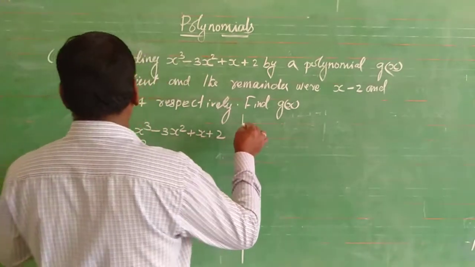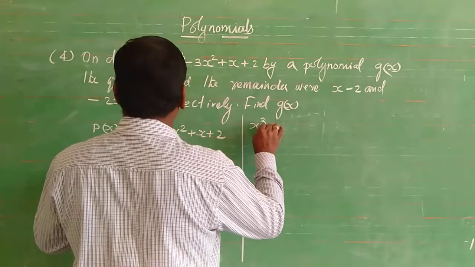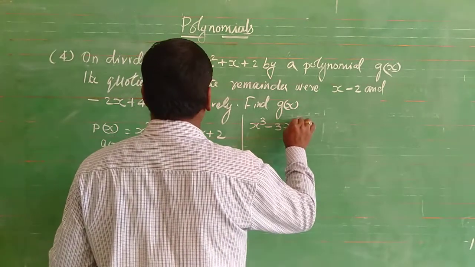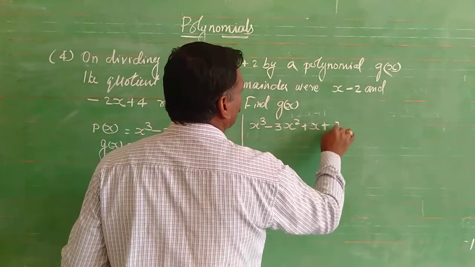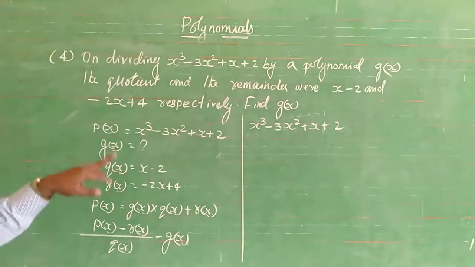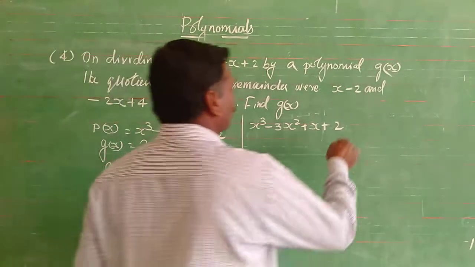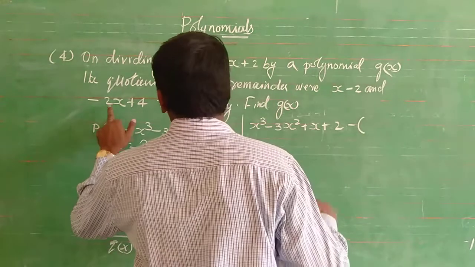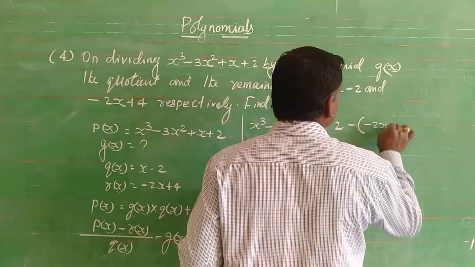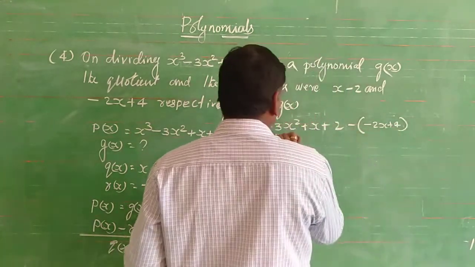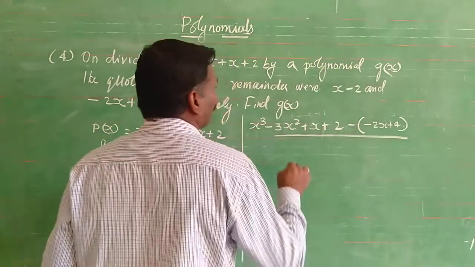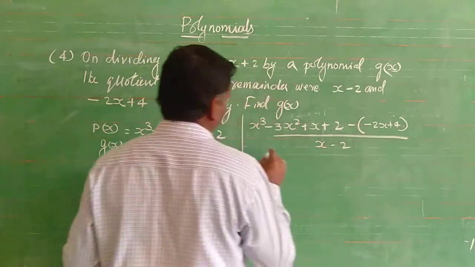Now p of x, that is x cube minus 3x square plus x plus 2, minus of minus 2x plus 4, divided by x minus 2.